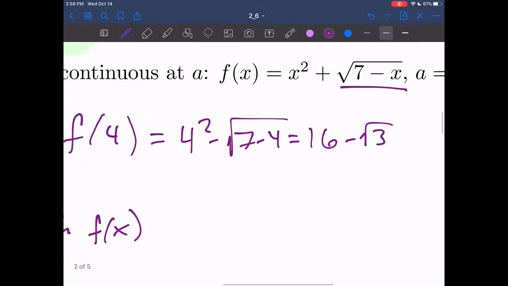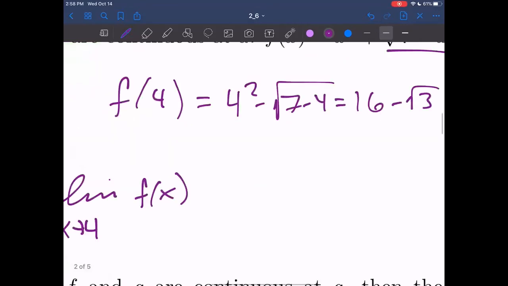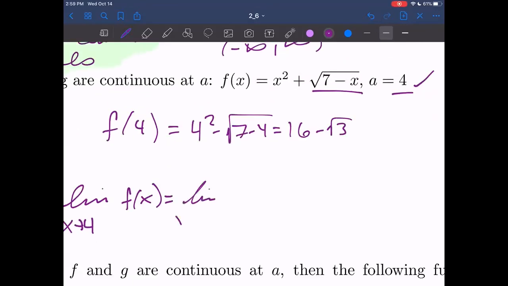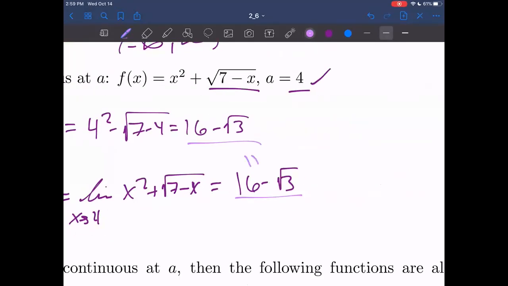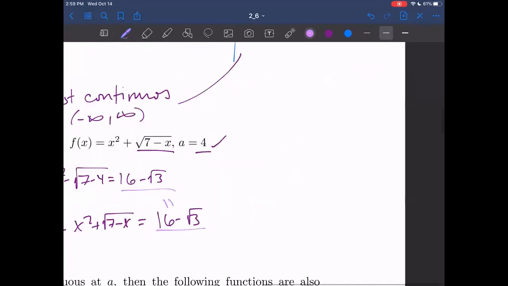Then we can compute our limit as x approaches 4 of x squared plus root 7 minus x. I can just plug that in. So we also get 16 plus root 3. Because these are equal, then it is continuous at x equals 4.